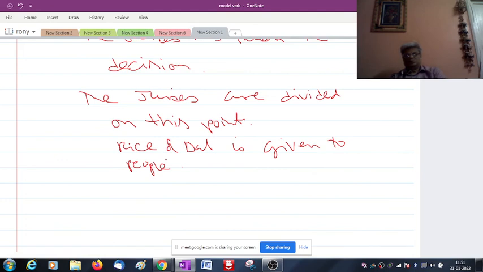Sir, rice is given to one people and dal is given to another people. No, no, no. When the sentence means the same thing, what do rice and dal mean? Food is given to people, so it should be considered as food, as a single. When the same idea is conveyed, we cannot use a plural verb, we should use a singular verb.